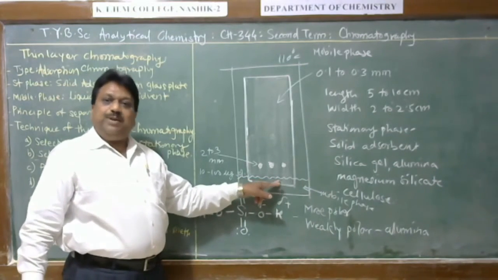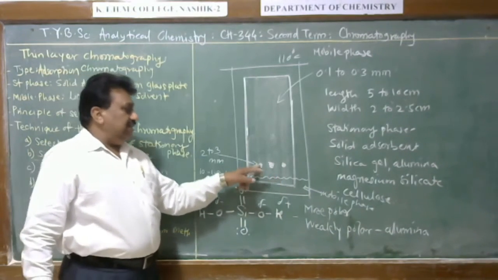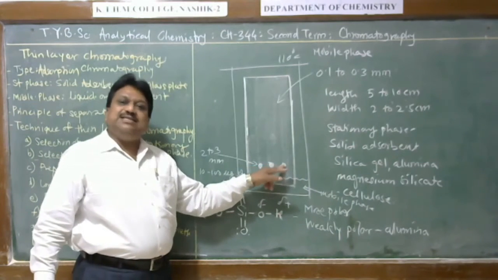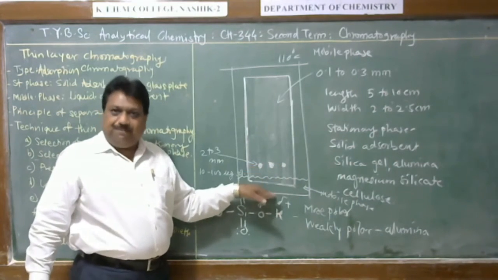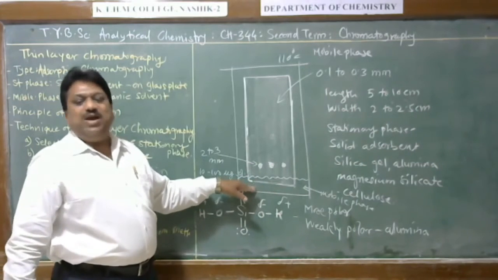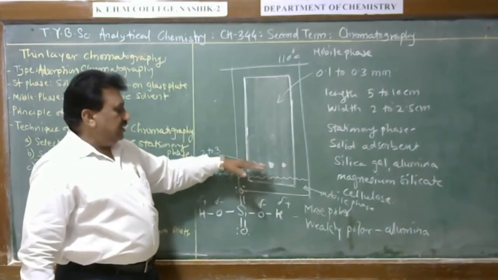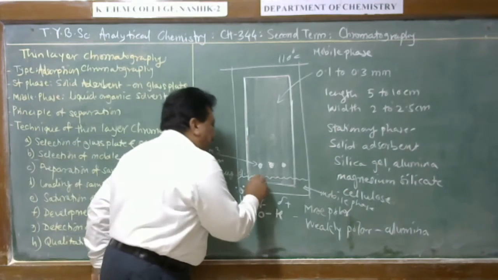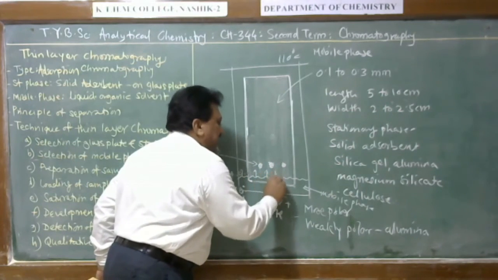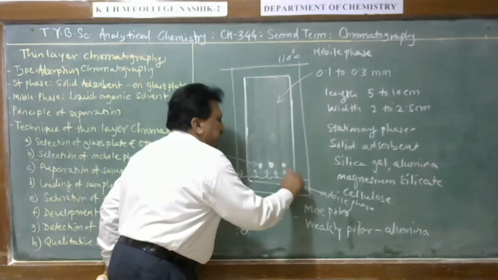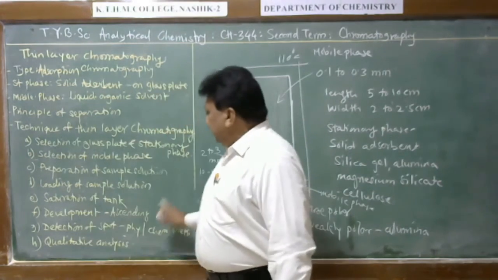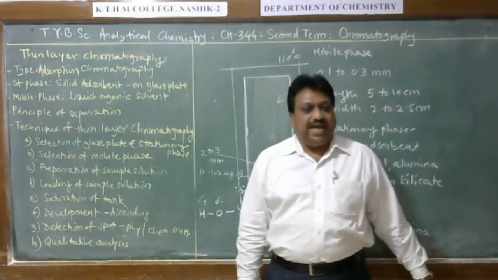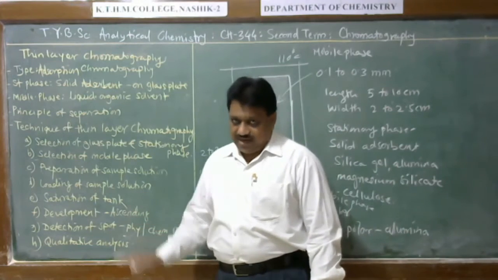Again, similar to paper chromatography, the sample-loaded baseline should not be dipped into the mobile phase or developing solvent. The solvent migrates in an upward direction by capillary action, and this is ascending development.